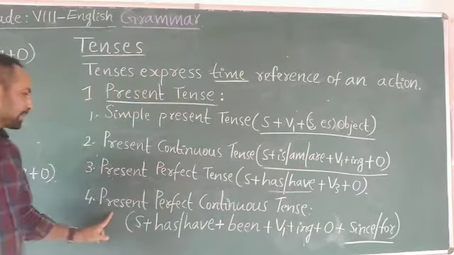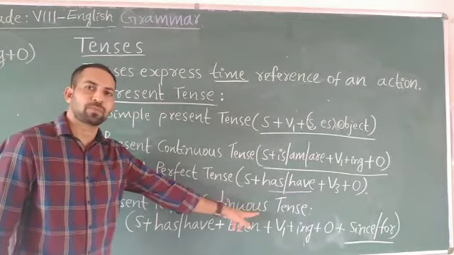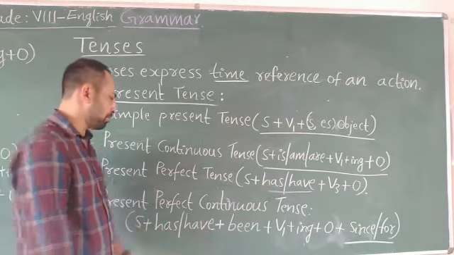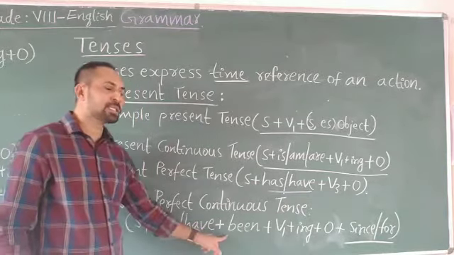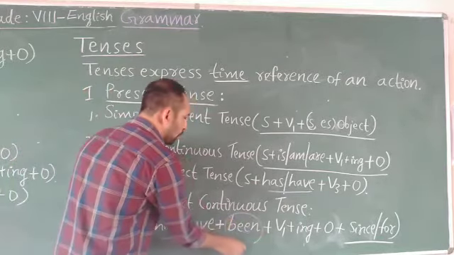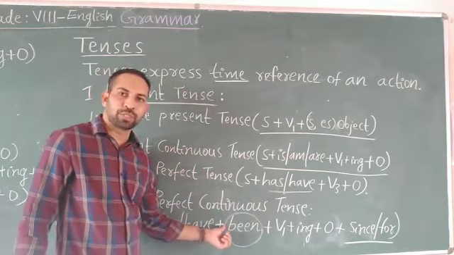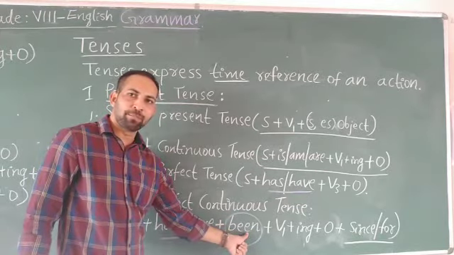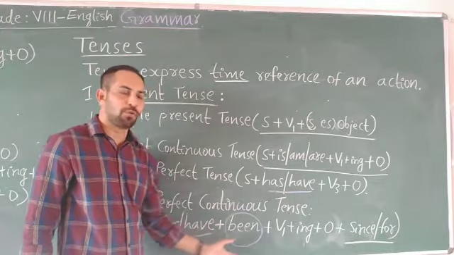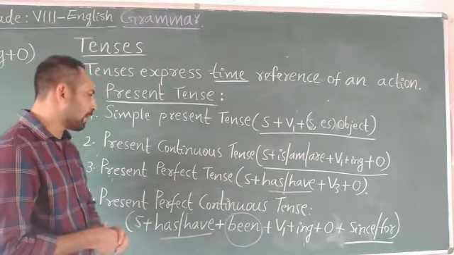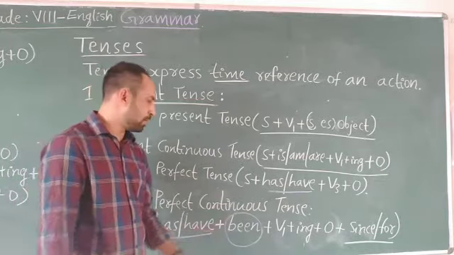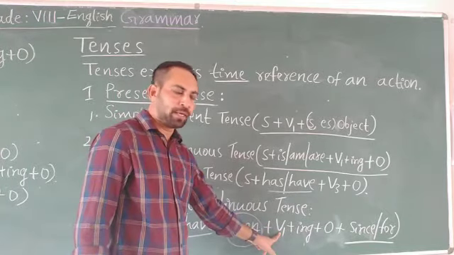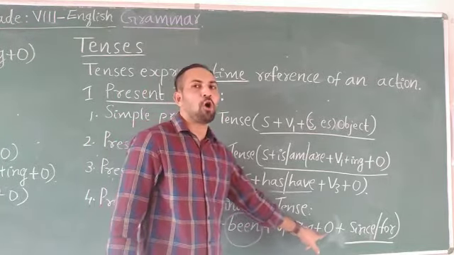Next, present perfect continuous tense. The rule is subject plus has or have, same as before, plus been. You have to remember, always in the perfect continuous tense we have to use been, B-E-E-N. This word is a bridge word for joining the auxiliary verb with the main verb. Plus V1 plus ing form plus object.